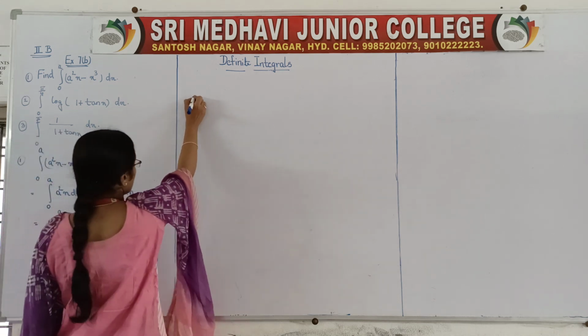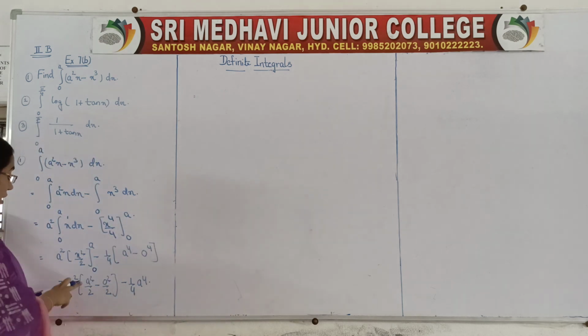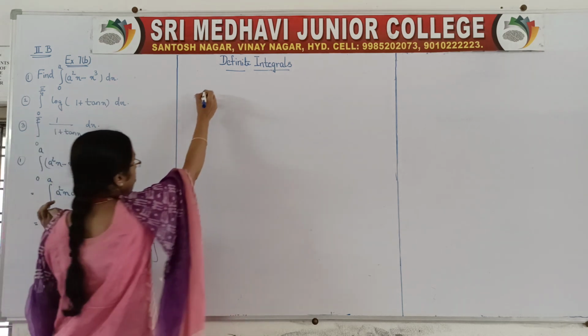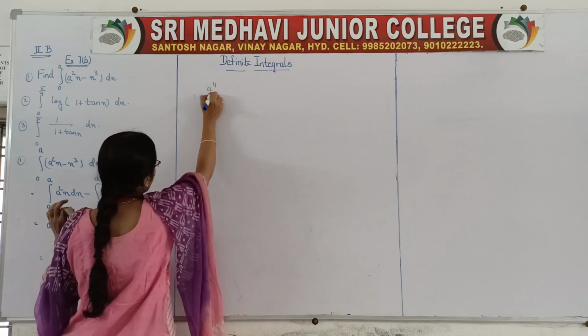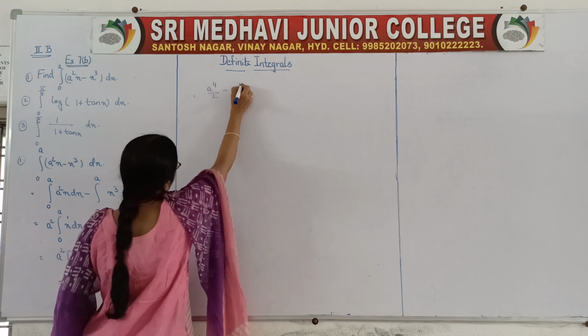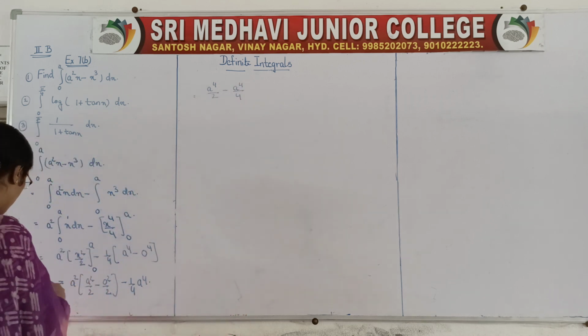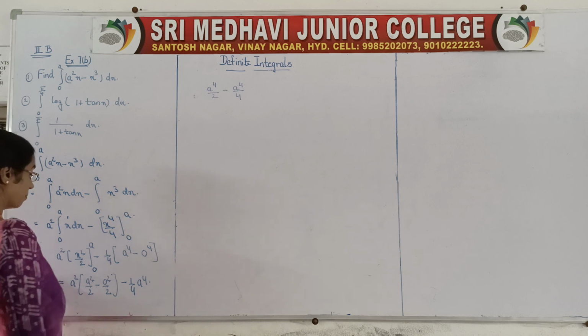So it is a square, here 0 square means 0, so a to the power of 4 by 2 minus a to the power of 4 by 4 is there, right? So we can take the LCM.